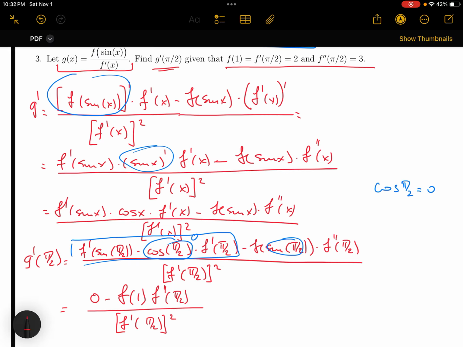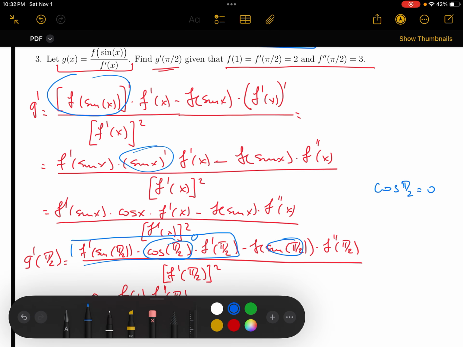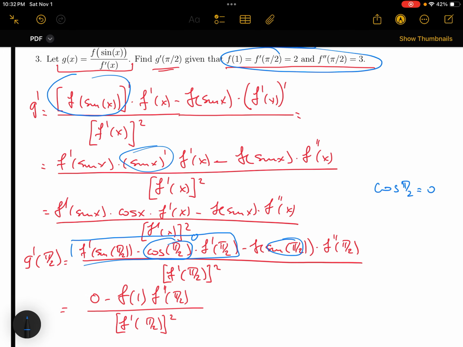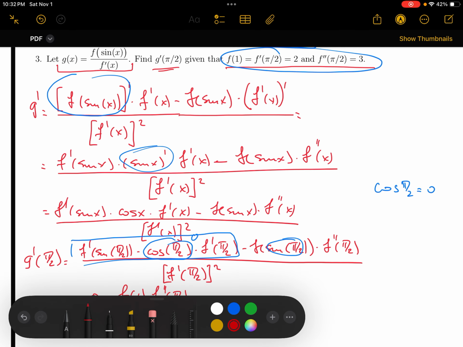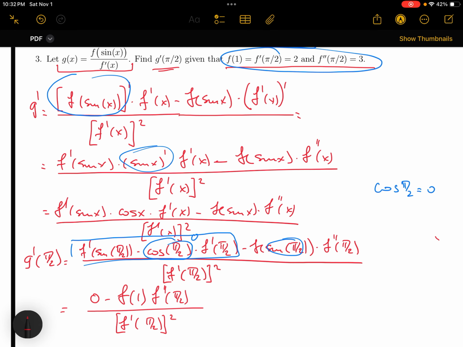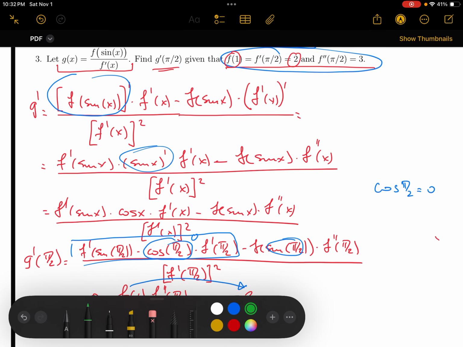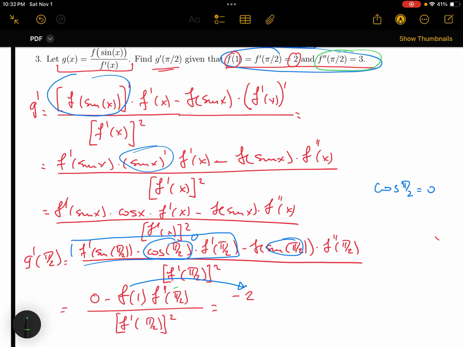And now in order to figure out how much this is, we'll look at these values given here. So f of 1 is 2. So 0 minus 2, f of 1 is 2, right? f double prime at pi over 2 is 3.